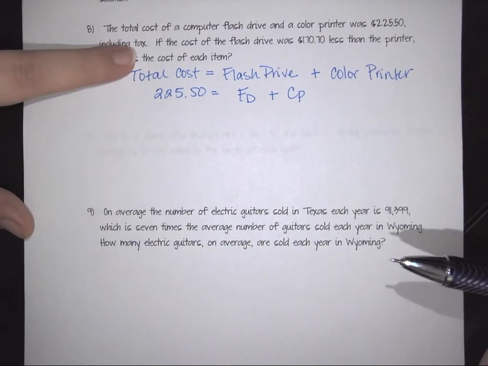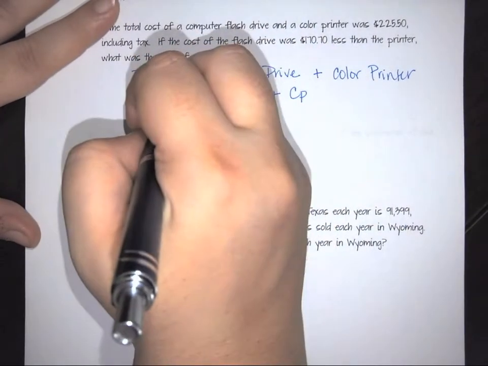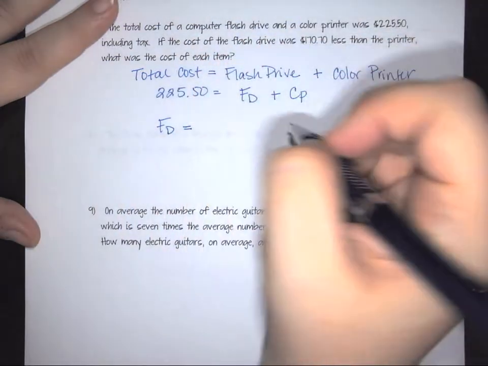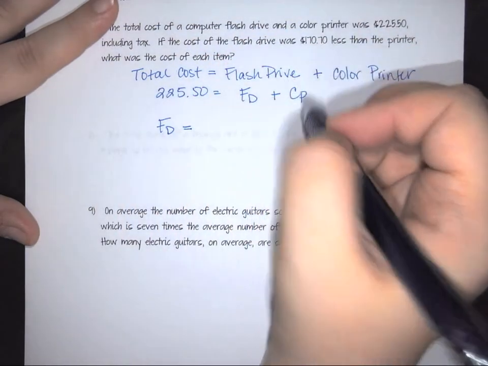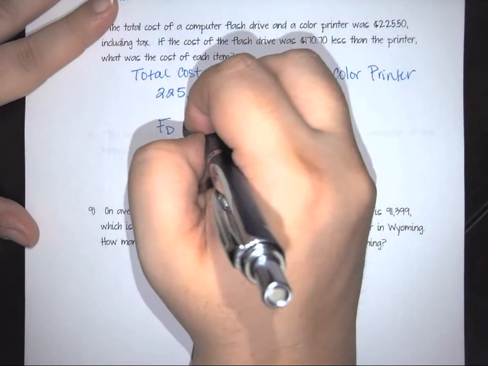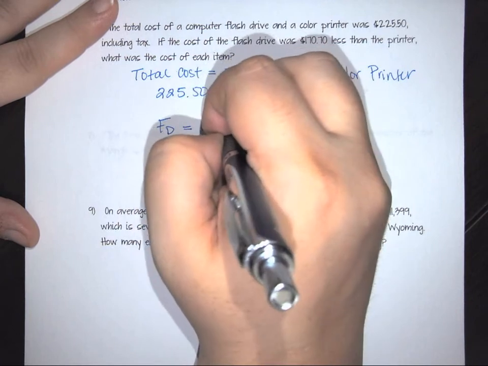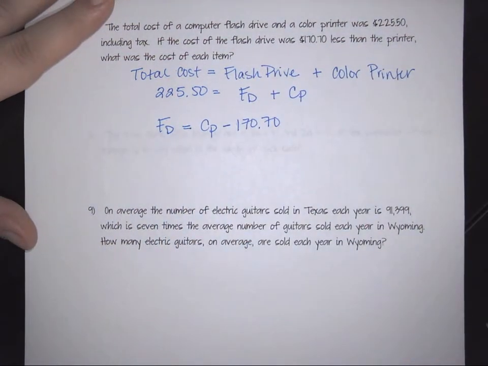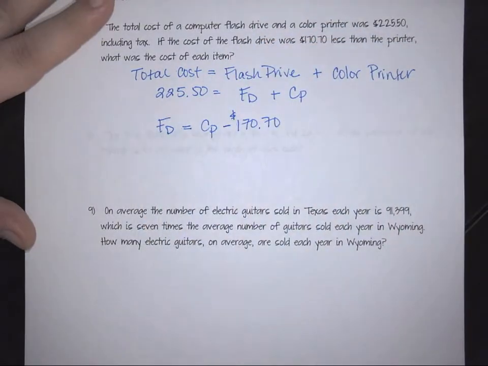So that second sentence tells you that my flash drive is $170.70 less than. So this means it's my color printer minus $170.70. Okay, that's what the second one tells me.